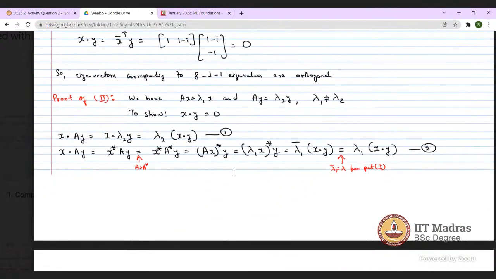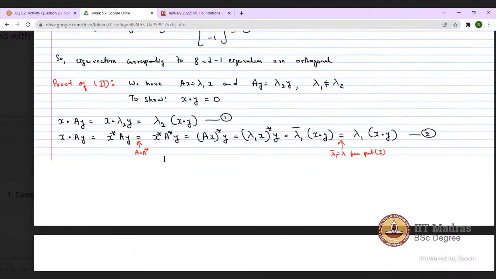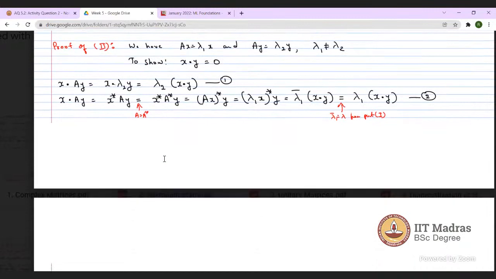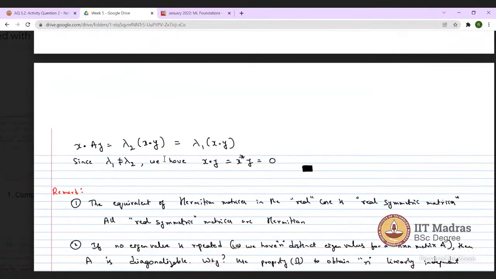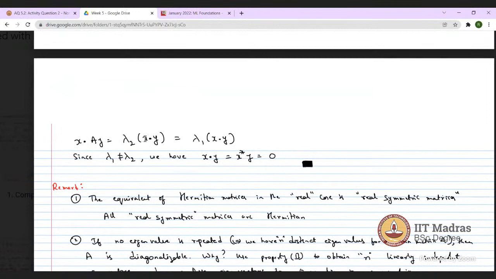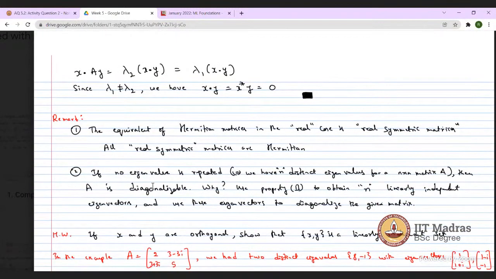If you do not understand any part over here, you can stop me, or else we can just move on. At the end, since lambda 1 is not equal to lambda 2, which we mentioned for two different eigenvalues, x dot y should be equal to 0, which means that they are orthogonal.